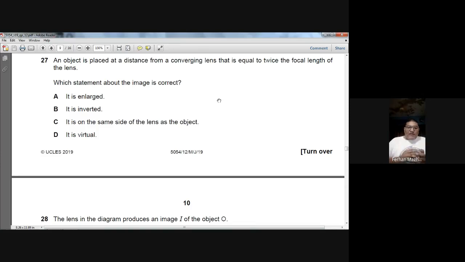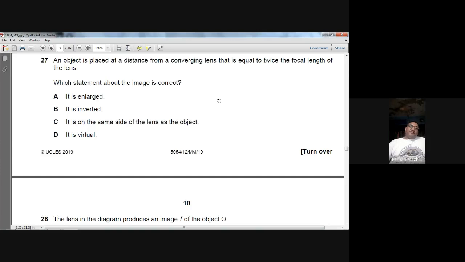If you remember that table which is in your textbook, we find the location of the image by placing the object at different locations in front of a converging lens.